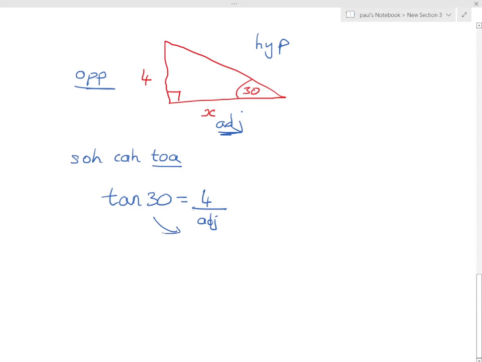So again, swap these round. So the adjacent is equal to 4 divided by tan 30. Let's do that. 4 divided by tan 30 is equal to 6.93.